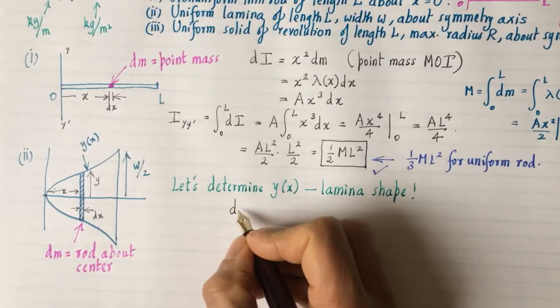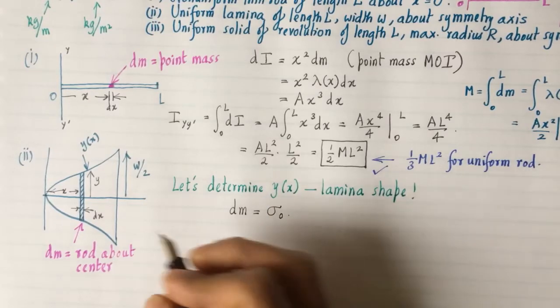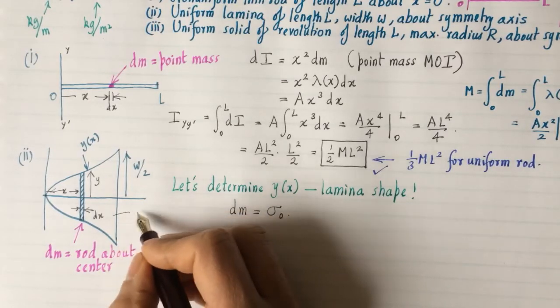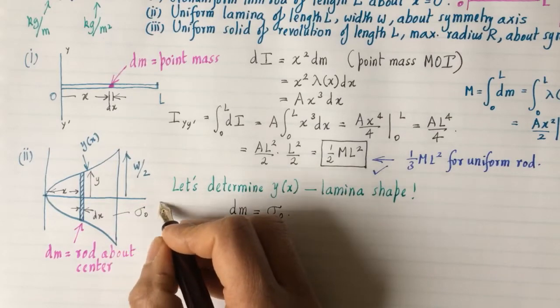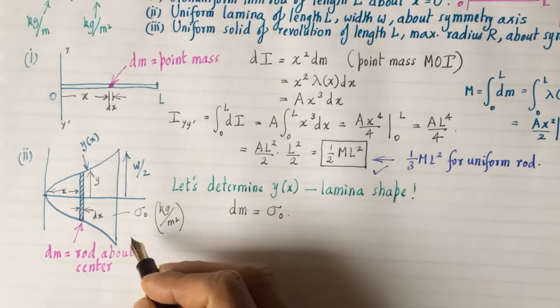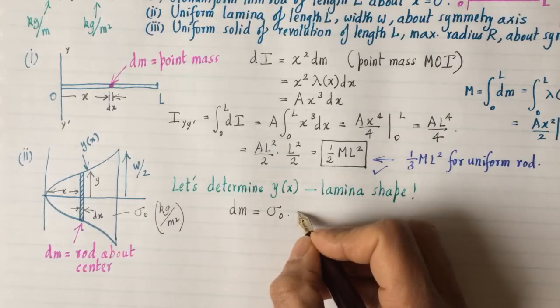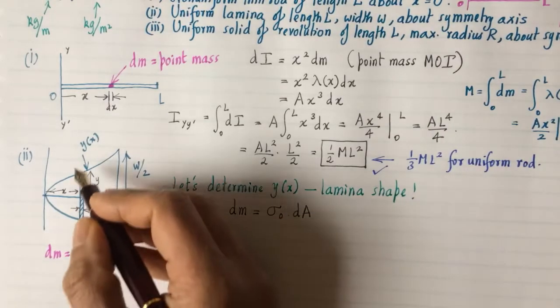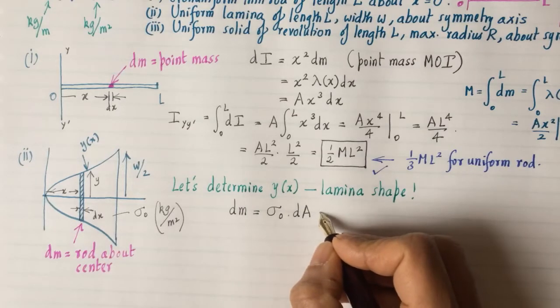Now mass density dm for this rod is also given by sigma naught, which is the constant mass density of this lamina. Sigma naught has units of kg per meter squared, so it is an area density. Sigma naught times the area dA of the shaded part is the mass dm of the rod.